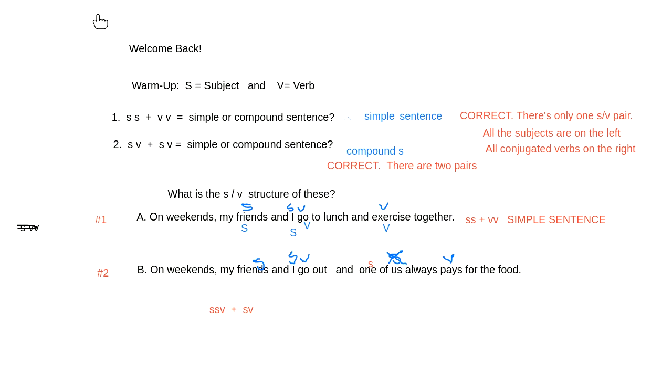Okay. So let's look again. Who goes out? We've got two people, the friends, and we've got I. So that's two subjects and one verb. My friends and I go out. Okay. Then we have one of us. This is one person. This is actually the subject. It's like he or she.